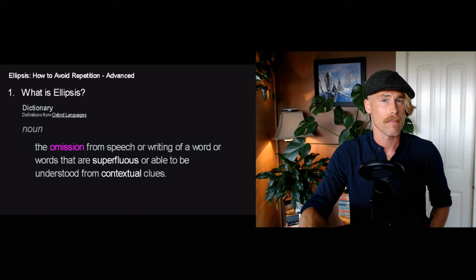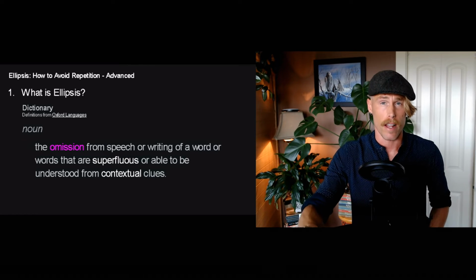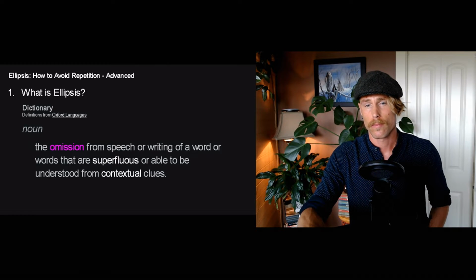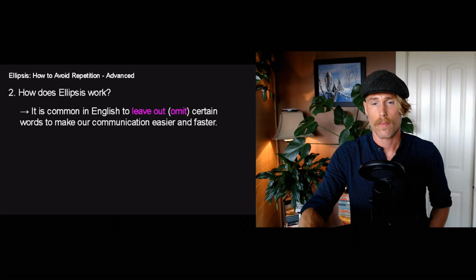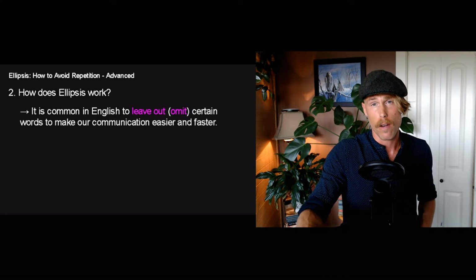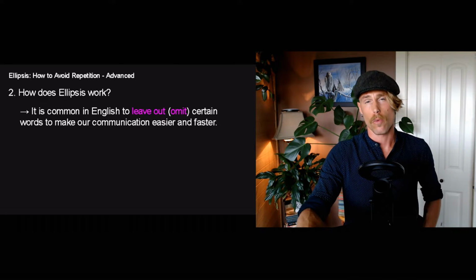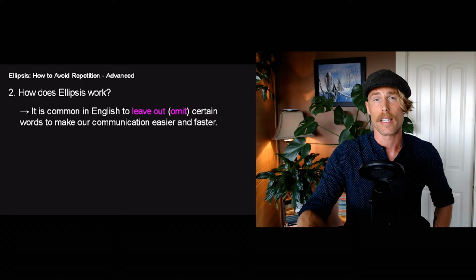Okay, let's look at some examples. We'll start with an easy one, something you probably already do on a daily basis since you are an advanced student. So it is common in English to leave out or omit certain words to make our communication easier and faster.